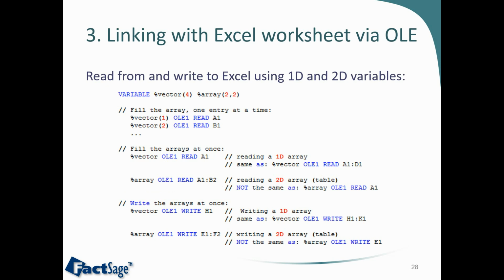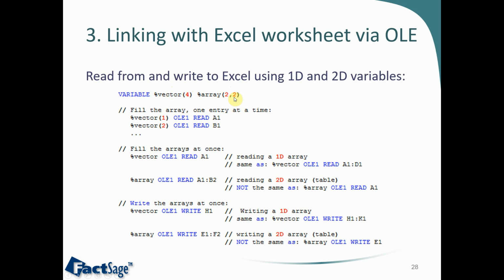Additionally, you can use arrays to write and read from an Excel worksheet. For example, I have created a one-dimensional array here, a variable called person vector with 4 entries, and then a two-dimensional variable called person array, also with 4 entries, but structured with 2 rows and 2 columns, like a matrix.